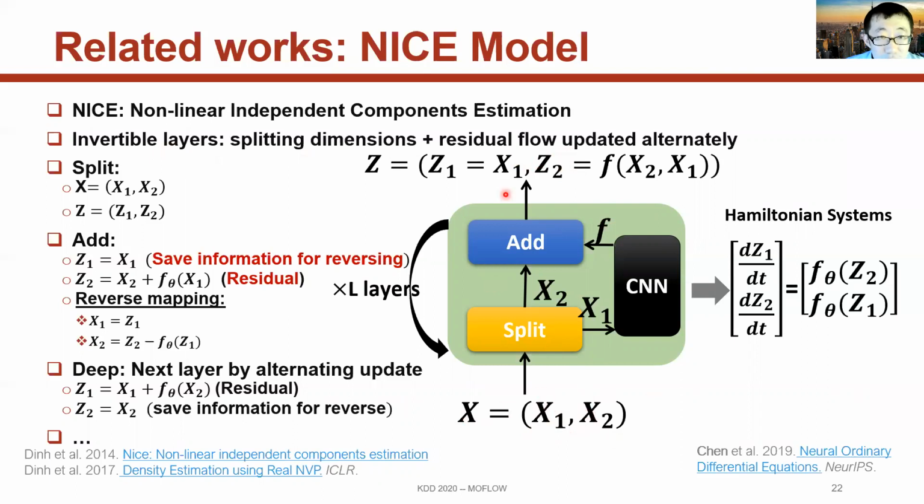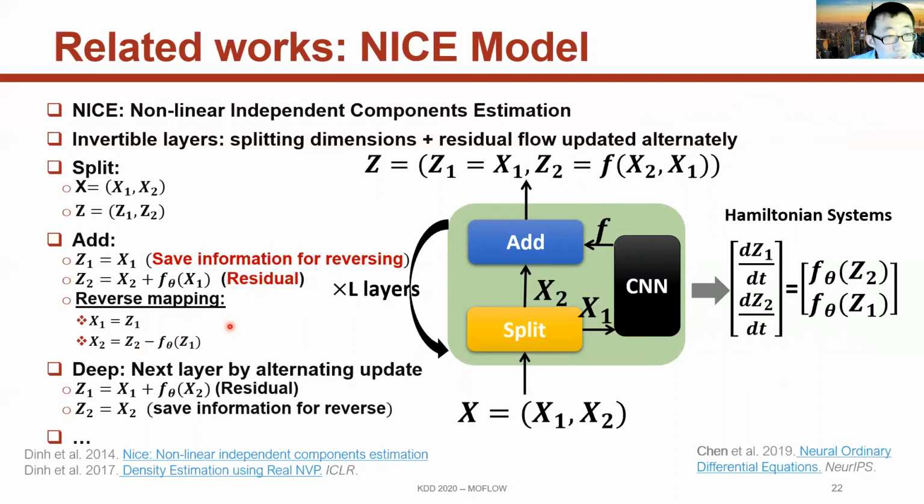They keep x1 the same and use x1 after a transformation to update x2. And then here is the output of the latent space. They use x1 to save information for reversing, and use x1 and this residual part to update x2. Thus, the reverse mapping is just as follows.